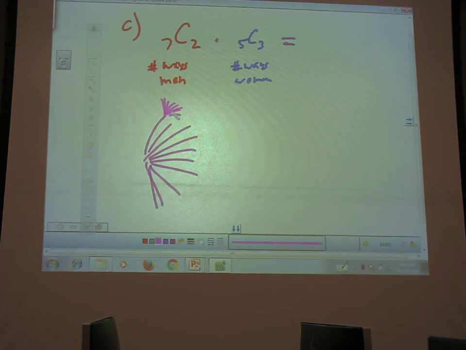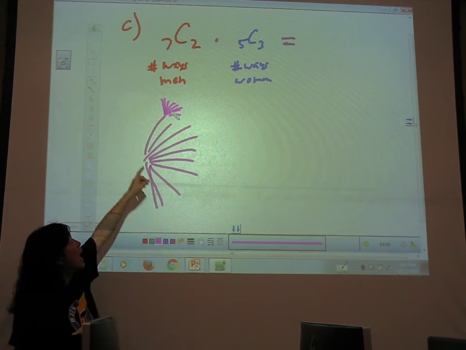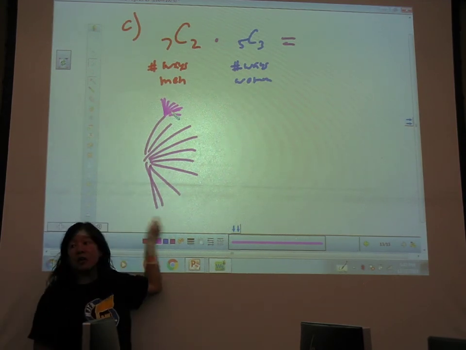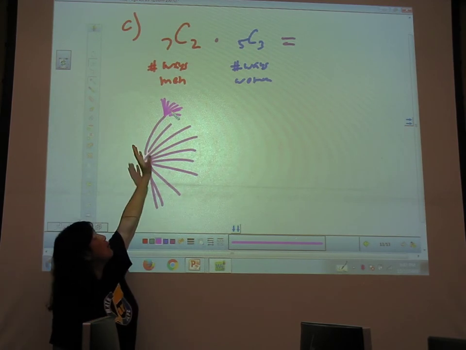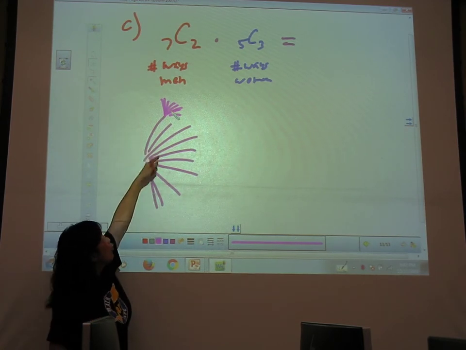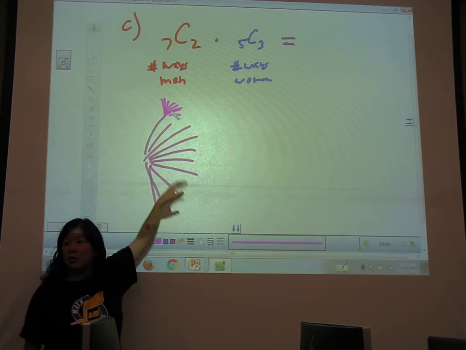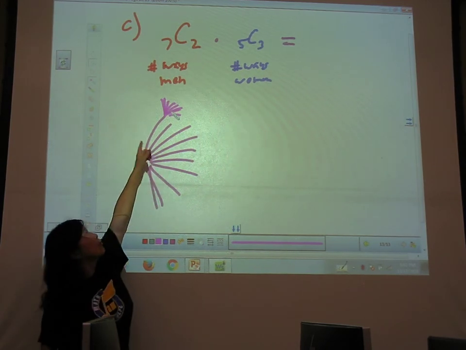Say there's 10 ways of picking 3 women. Every one of these has 10 different ways. Do you guys see what I'm saying? So in terms of the tree, how many groups of 10 do I have? 1 for every one of these. So it's the number of these times the number of things in that.